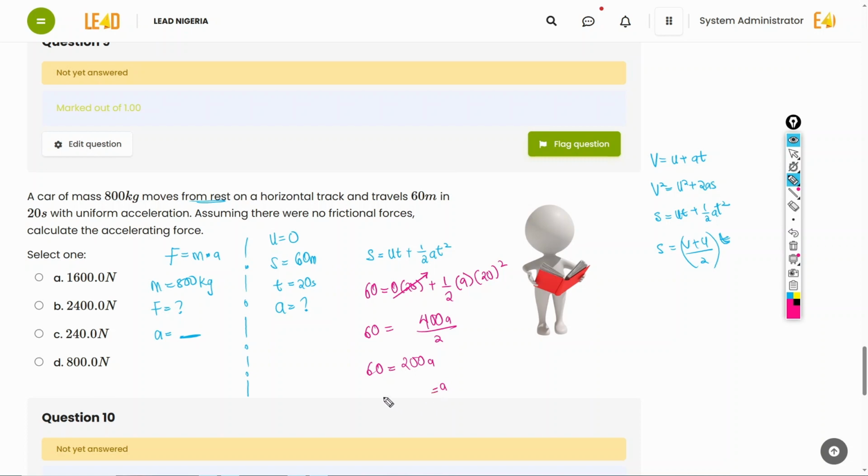So a by itself would be 60 over 200, which we can simplify to 3 out of 10. So my acceleration here is 0.3 meters per second squared. So I come back to this, F = ma, I'll have F equal to 800 times 0.3. That will give me 240 newtons. That's option C.